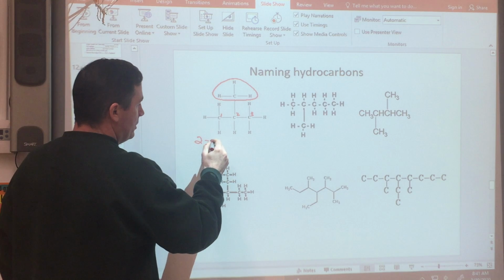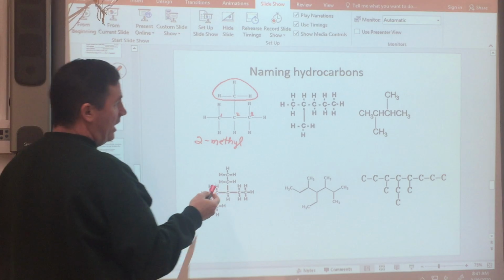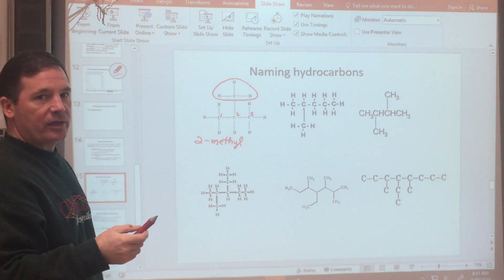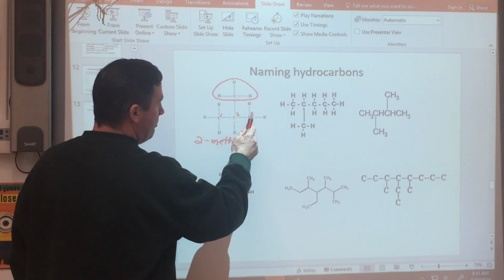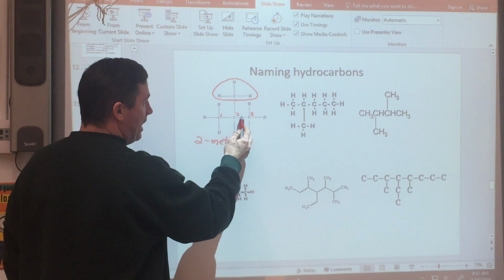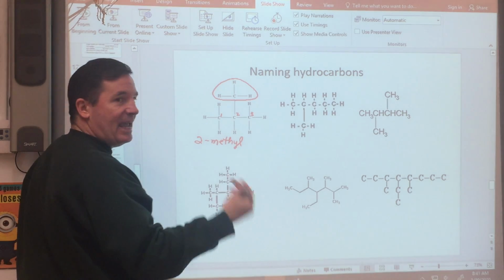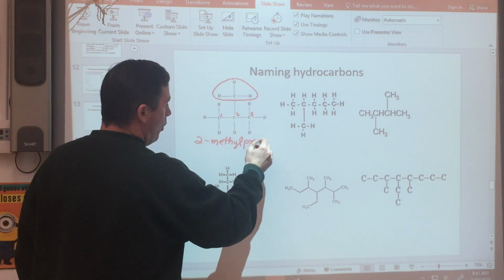It's a methyl group. So it's 2-methyl, and finally, what's my longest chain? 1, 2, 3. Meth, eth, prop. Now there are only single bonds between the carbons, so it's an -ane. So 2-methylpropane.